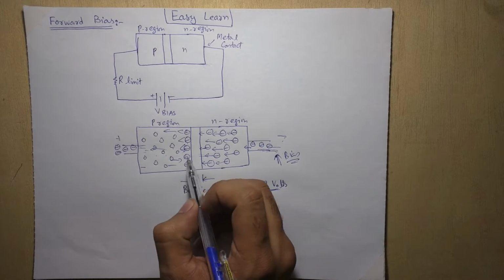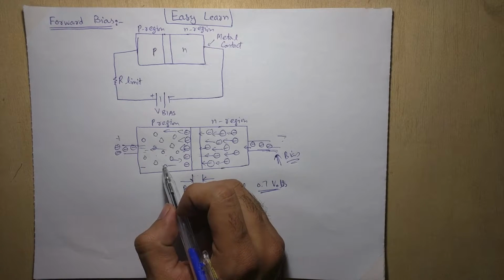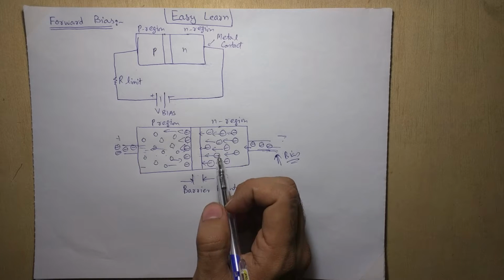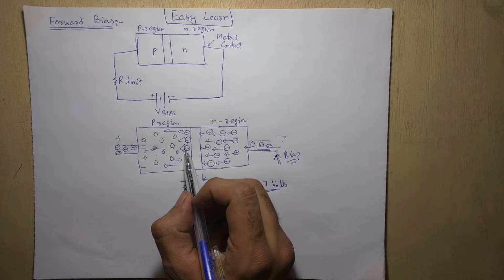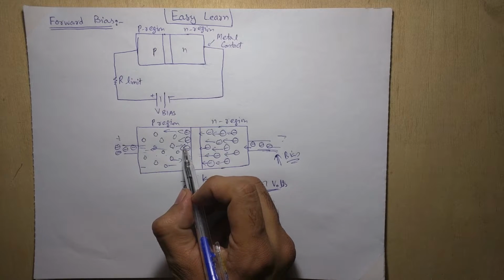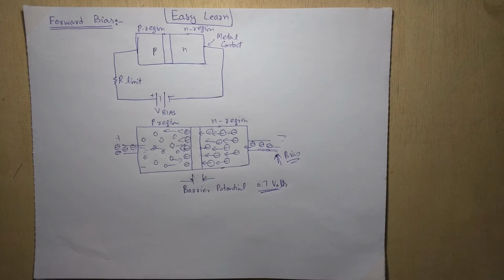Due to this movement, the holes move towards the right side, because when an electron comes here, these holes move toward this side. This whole movement of the holes is called the hole current.